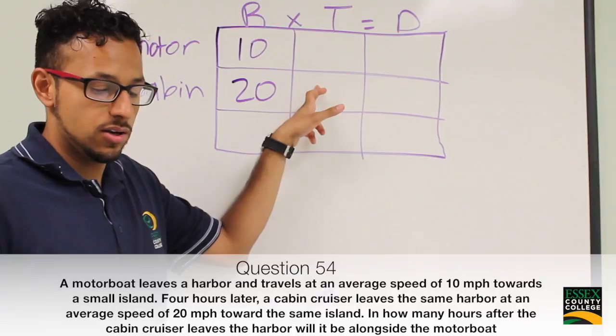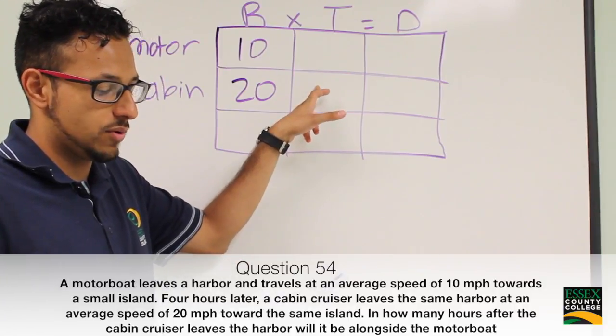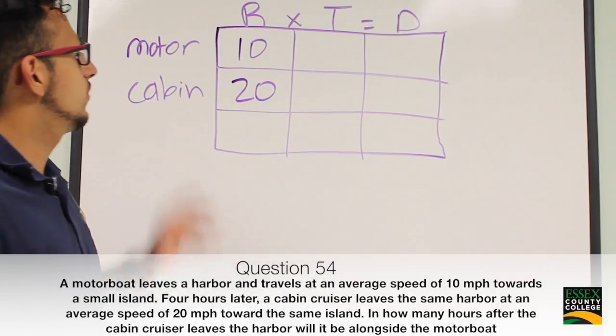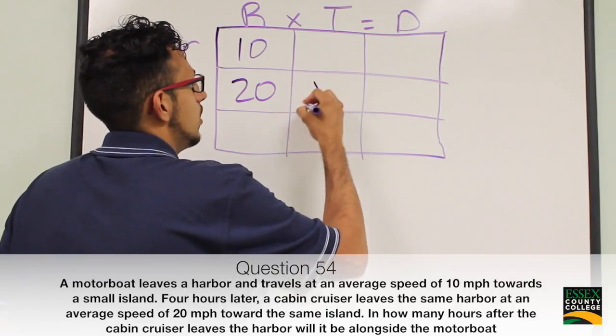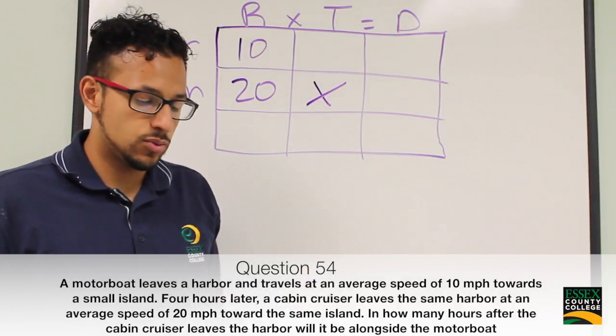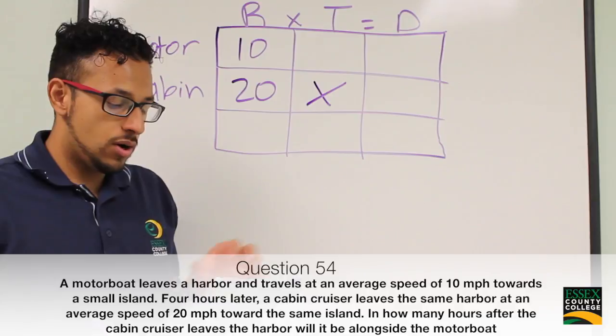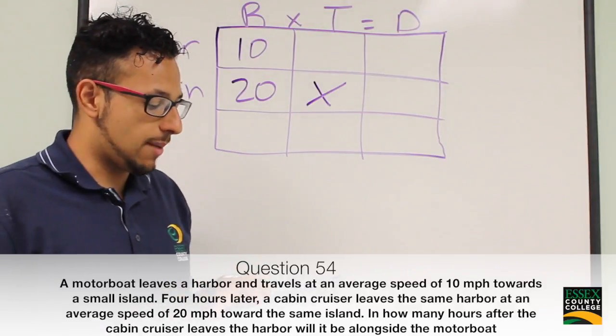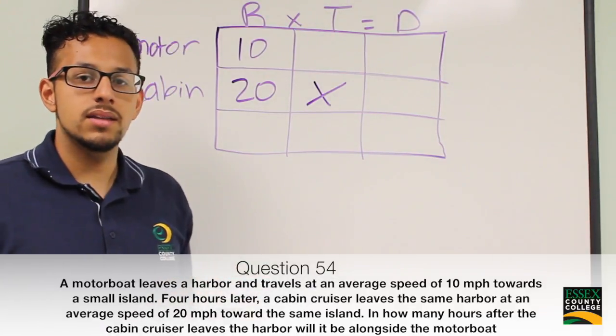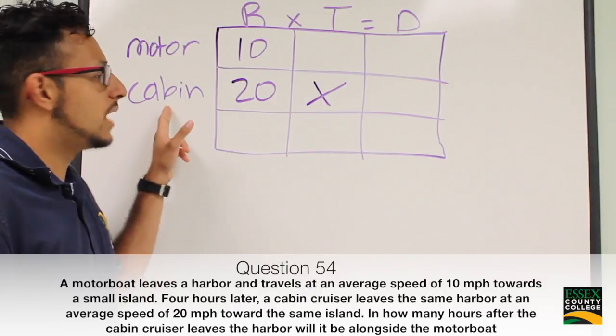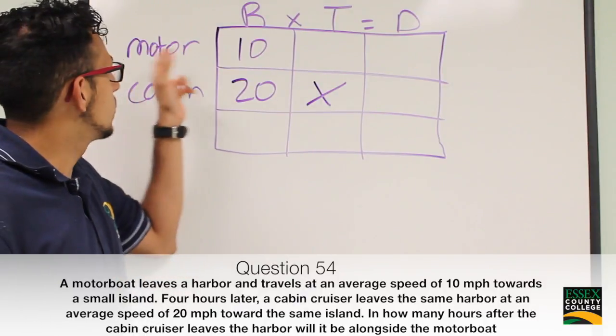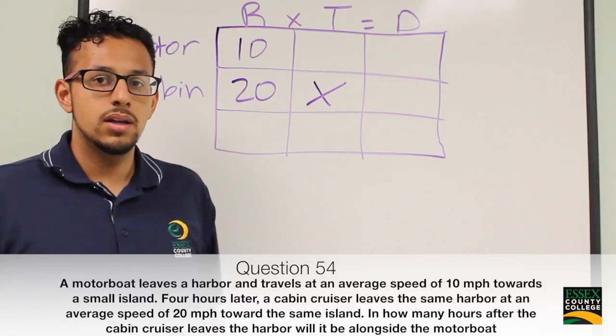Based on the question, they want to know how many hours after the cabin cruiser leaves the harbor will it be alongside. So we're looking for the cabin cruiser. So we're going to put this as X, because that's what we're looking for. The problem says 4 hours later the cabin cruiser leaves. So that means the cabin cruiser hasn't left until 4 hours after the motorboat.